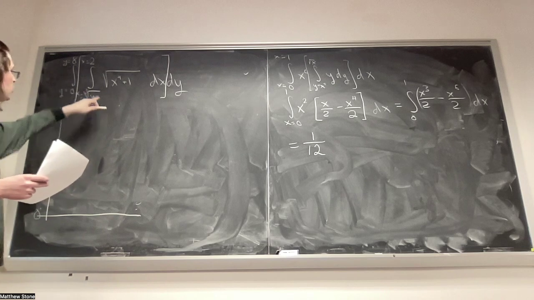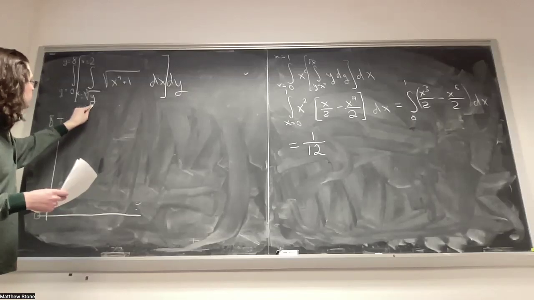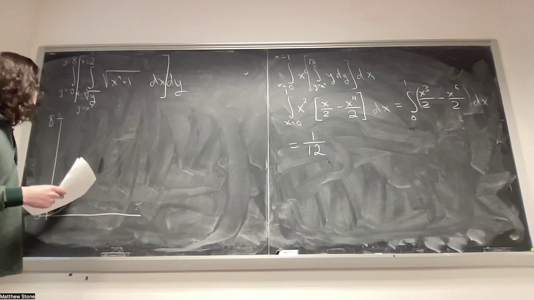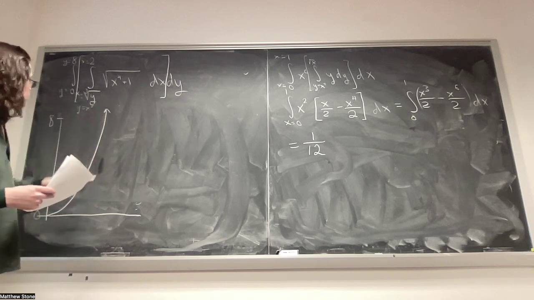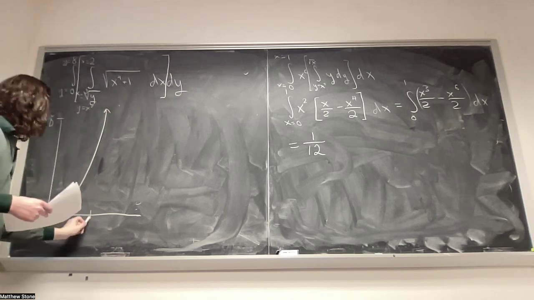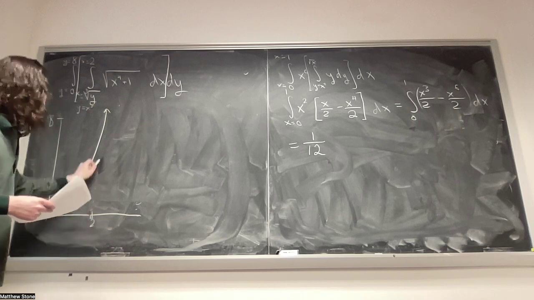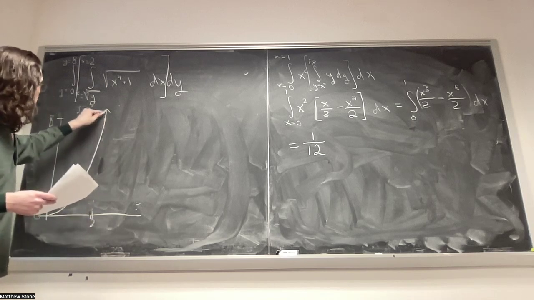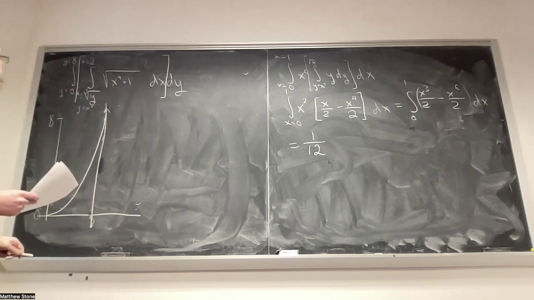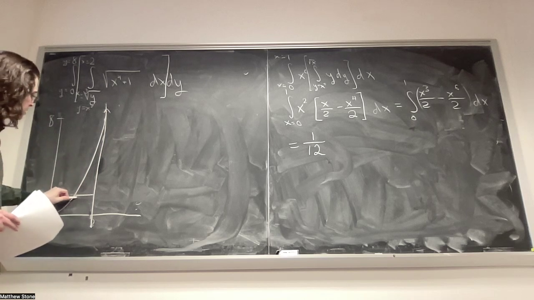X is going from the cube root of y. In other words, y equals x cubed. And so that's going to look something like this. And stopping at x equals 2. Going from this function up to this function.